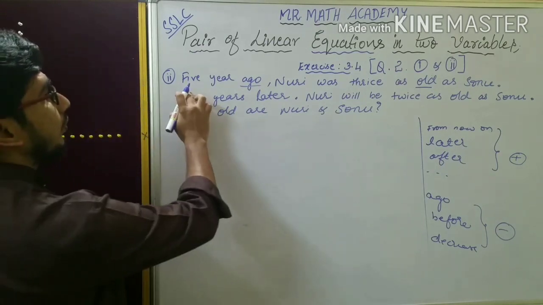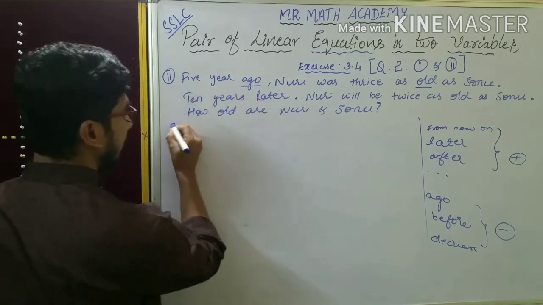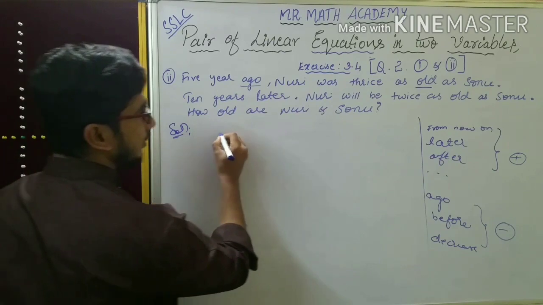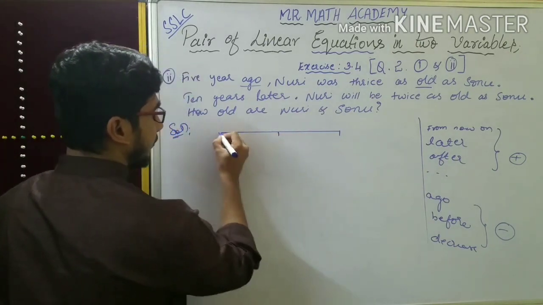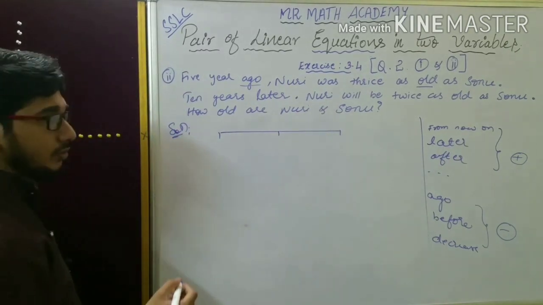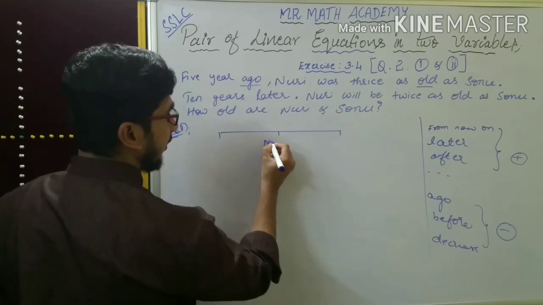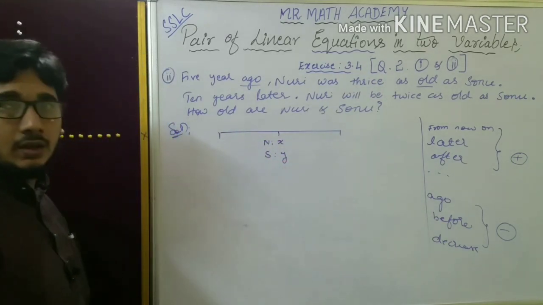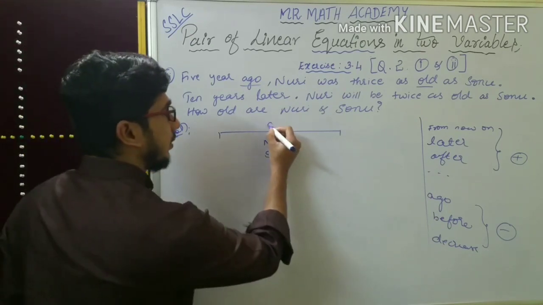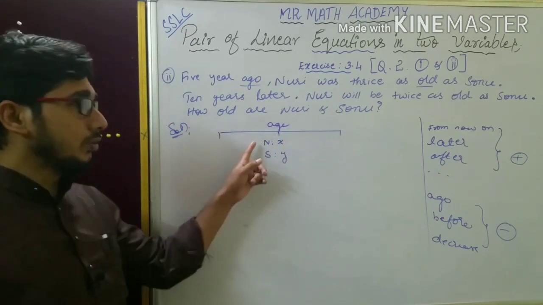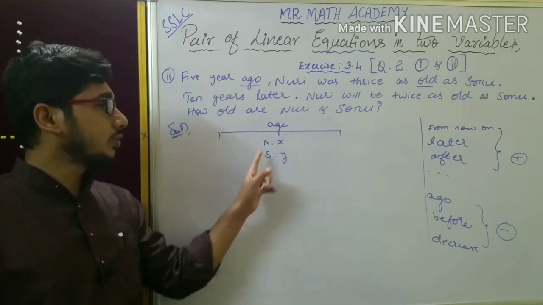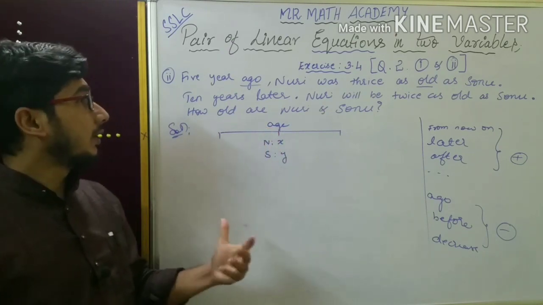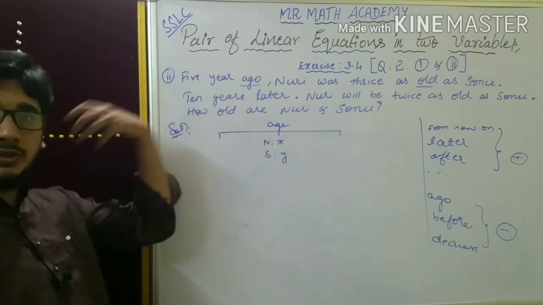What is there? 5 years ago. I'll consider a number line here so that you'll understand. Now this is the present age. Consider Noori and Sonu, present ages are X and Y. Age of Noori is X, age of Sonu is Y. They are telling 5 years ago, means we have to come back.